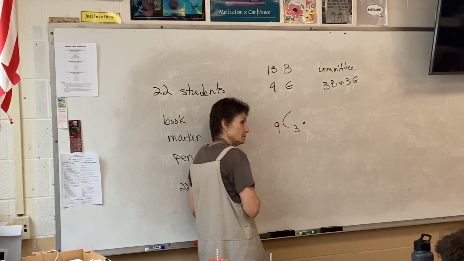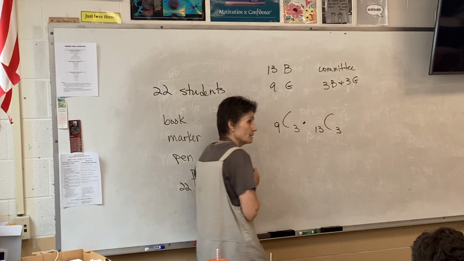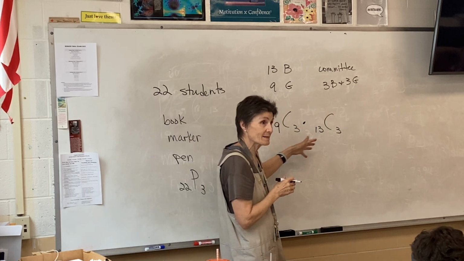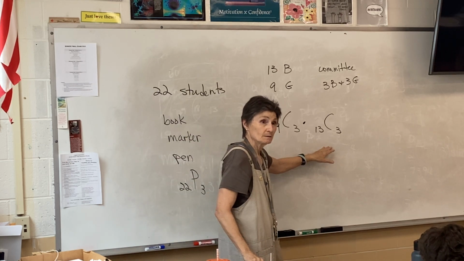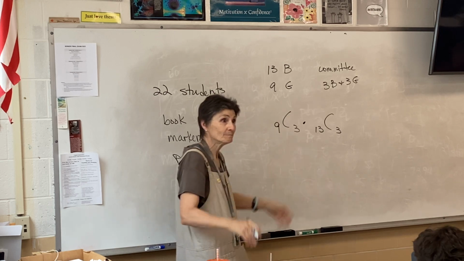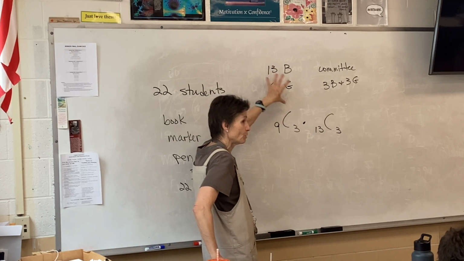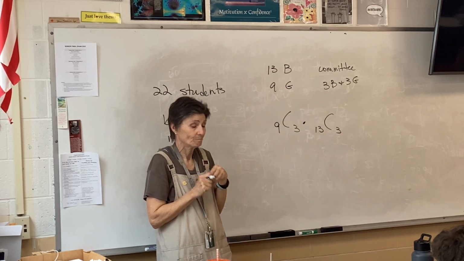And times 13, I have to pick 3 boys. Now, I don't remember if you've ever seen a problem with boys and girls like this, but you sure have seen it with hearts and clubs, or aces and something. Same exact idea. You've got 2 groups, and you're picking a few out of this group and a few out of this group.